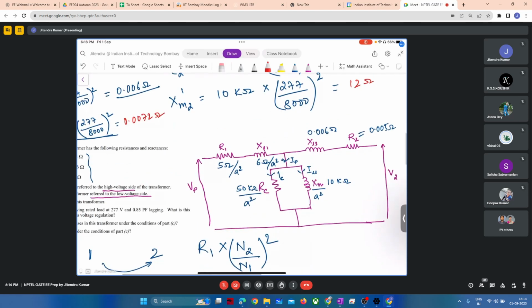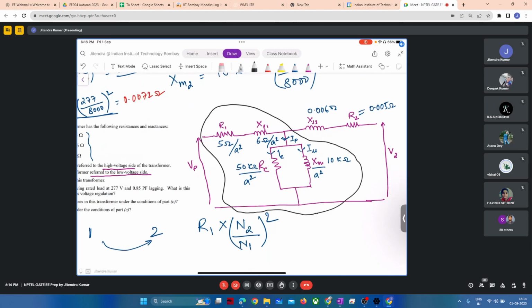Okay, now we have referred all these components to the secondary side. We have calculated. Now voltage is remaining. To transfer this voltage towards the secondary side, again we have to do the same thing, but this time we have to multiply with only the turns ratio, not the square of the turns ratio.